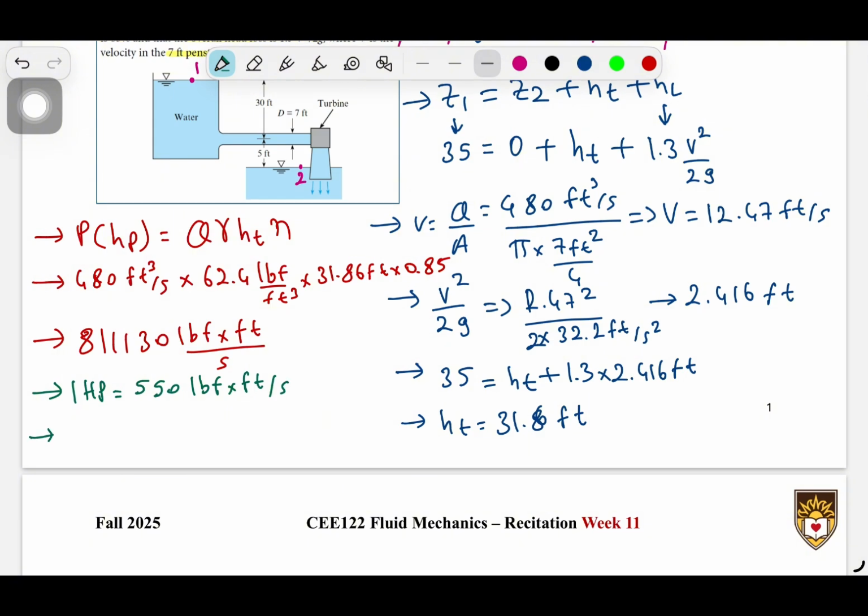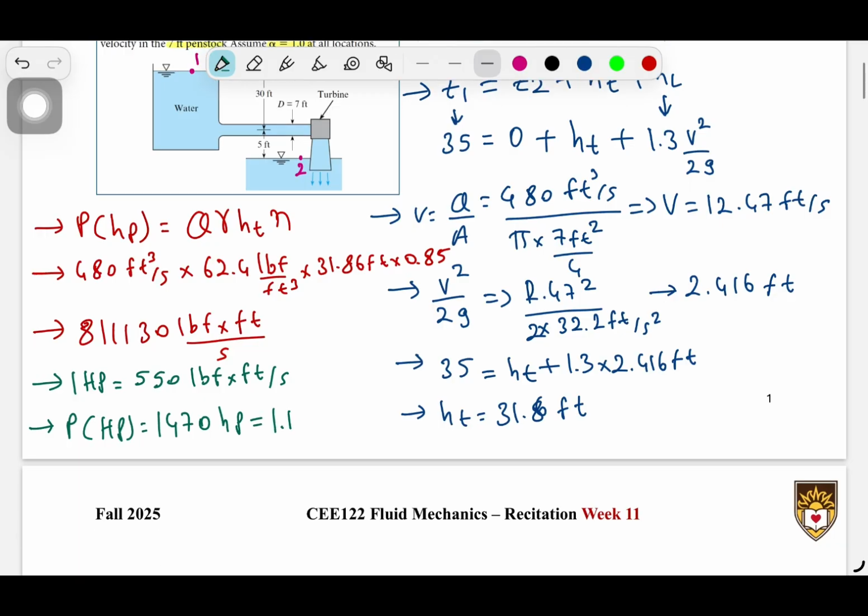So in terms of horsepower, we'll get 1470 horsepower, and this is going to be equal to 1.10 megawatt, because we have another relationship between the horsepower and megawatt.